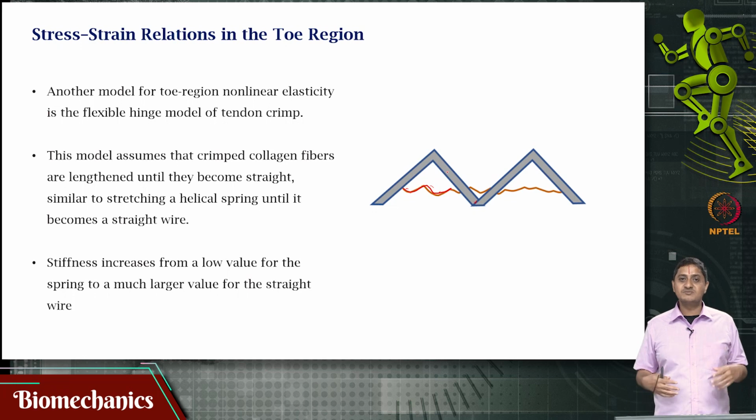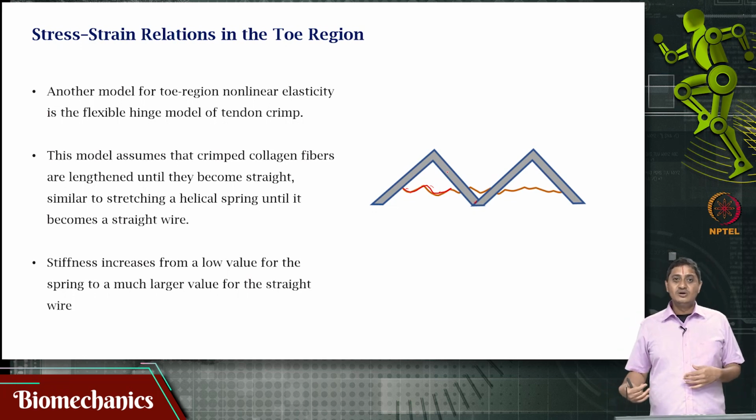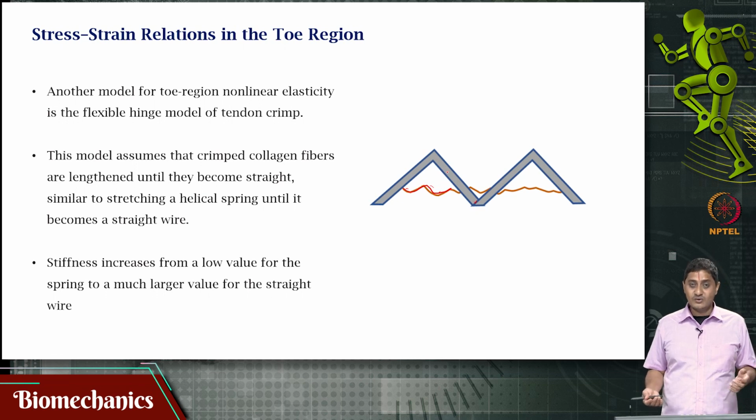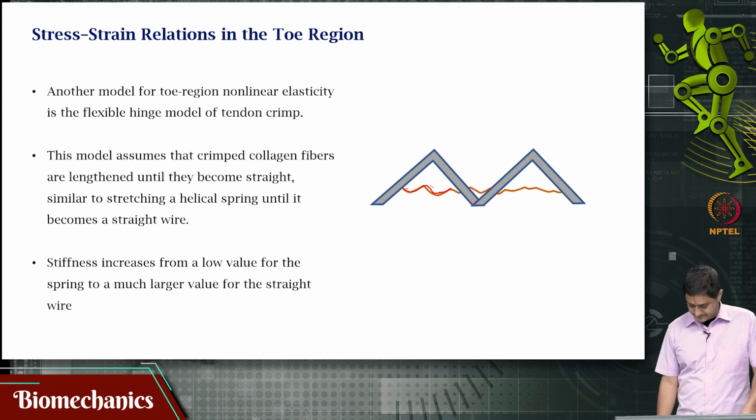Earlier it was showing the spring like property, now it is showing the wire like property. These are two different material properties depending on the configuration of the collagen fibrils itself. So, the amount of crimp will determine the amount of non-linearity that is there, right. This is another model to explain the non-linearity in the toe region of the stress strain curve in a tendon.